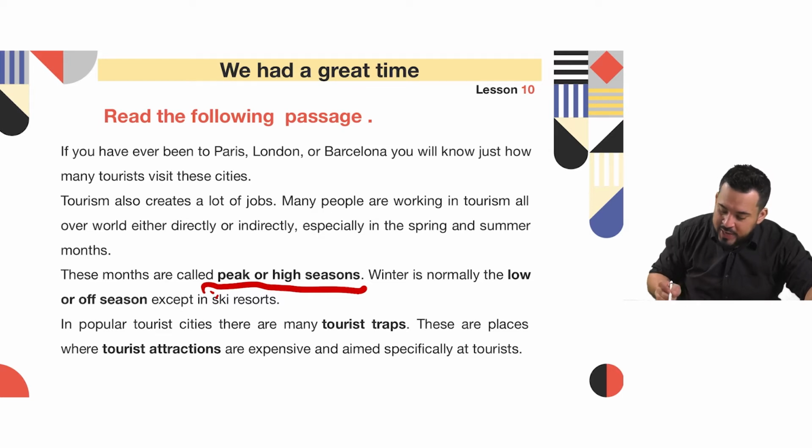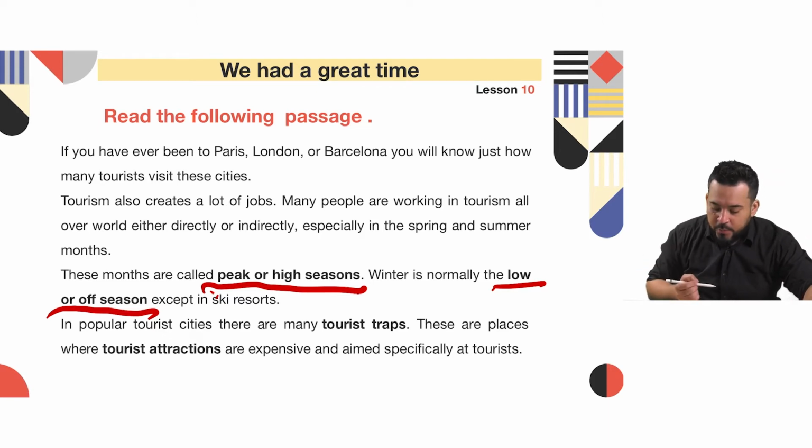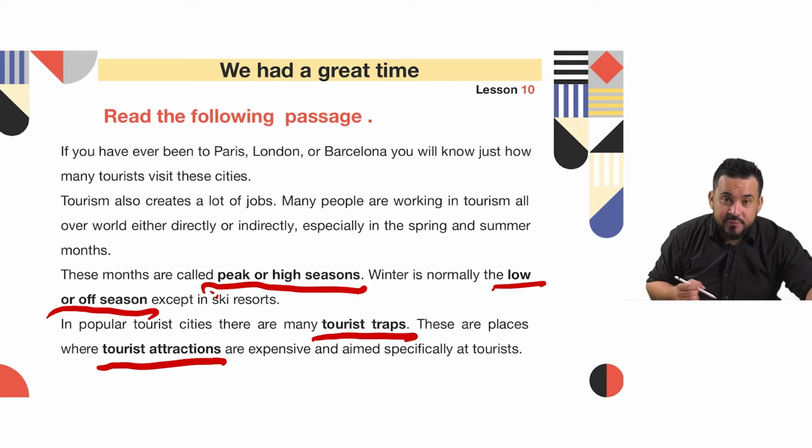Winter is normally low or off season, except in ski resorts. In popular tourist cities, there are many tourist traps. These are places where tourist attractions are expensive and aimed specifically at tourists.